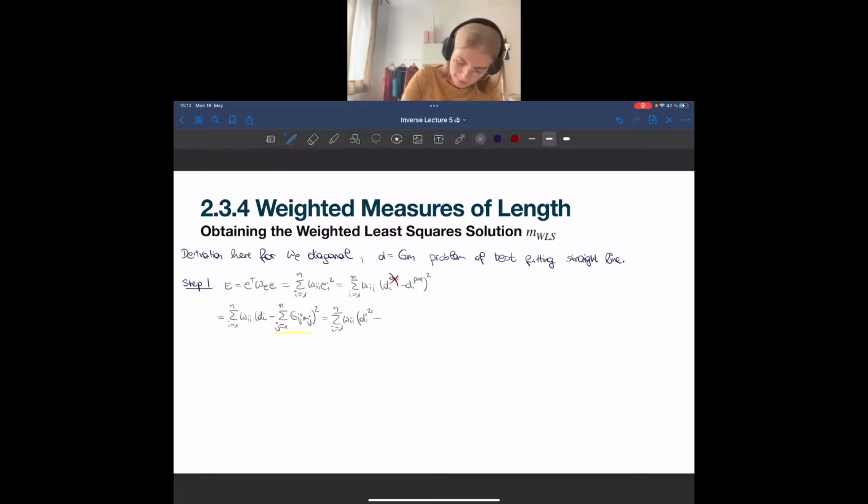But then we have everything regarding our straight line. So nothing really has changed compared to the thing you know already. The difference is really only in front here, where we have the omega i included as weighting parameters in front of the derivation.